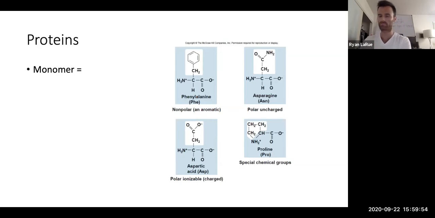I want you to notice that there's this similar looking carbon backbone to all of the amino acids. Not just these 4, all 20 have this very similar backbone, except proline's a little bit of an exception. It's attached a little weird, but 19 are similar.